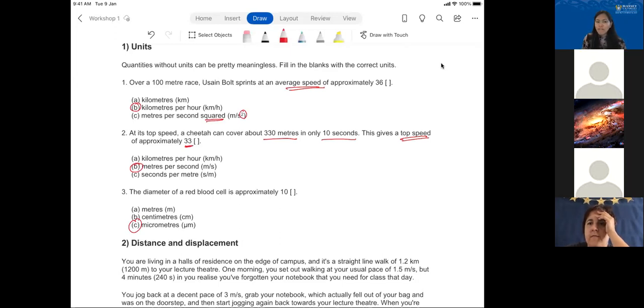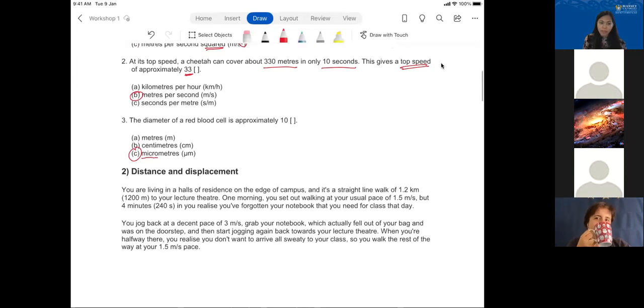Even if you're not familiar with the unit micrometers, because it has this prefix micro, which the prefixes centi and micro, we will learn that in lecture 3. Yeah, micrometer is 1,000th of a millimeter. So that sort of makes sense for the unit of a red blood cell.